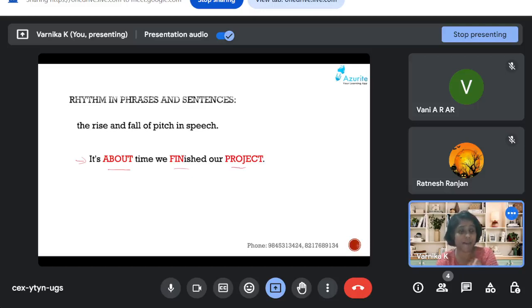But if I say it with stress, it gives you that expression. There is a time limit probably, so she's really stressed about finishing the project. It gives you that need for time, that pressure. So that's the reason it's important to raise and fall in your pitch.